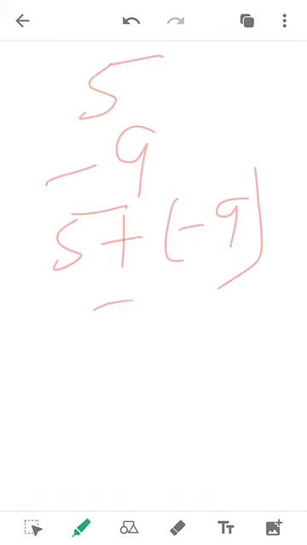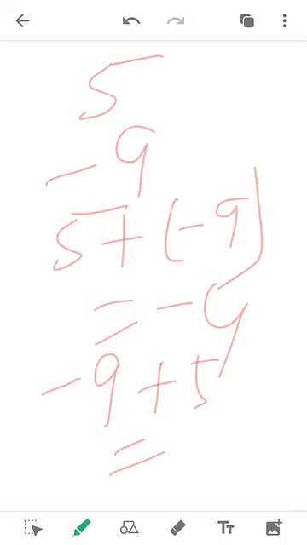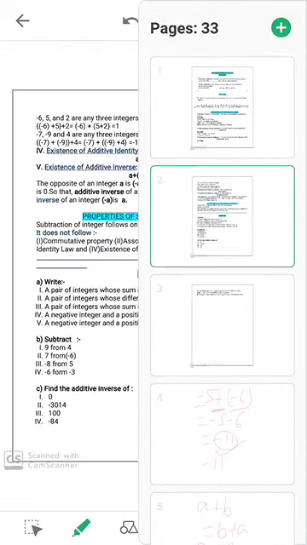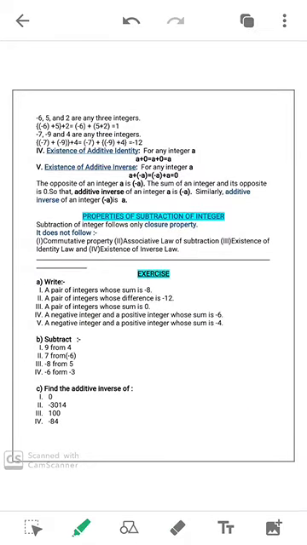Then their sum, 5 plus minus 9, is equal to minus 4, or minus 9 plus 5 is equal to minus 4. Now we will get some solutions of the first question.